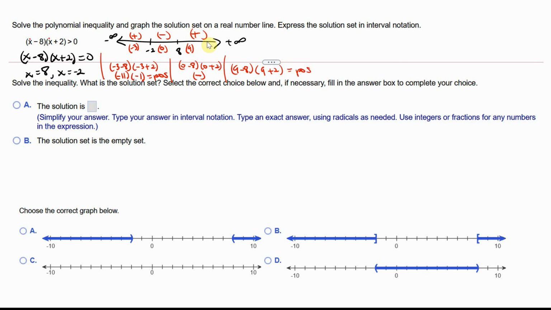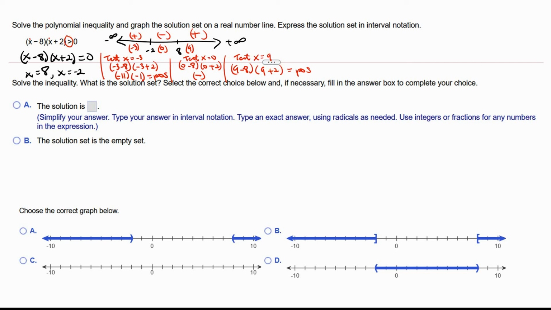So here we test x equal to -3. Here we test x equal to 0. Then here we test x equal to 9. We get the sign. So this here says greater than, that means positive.